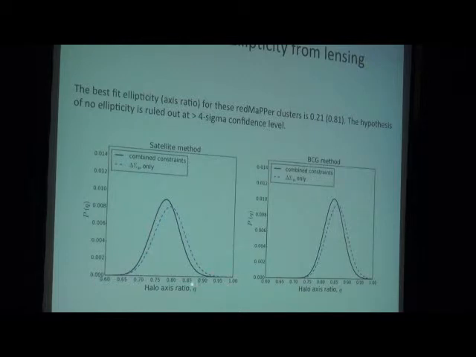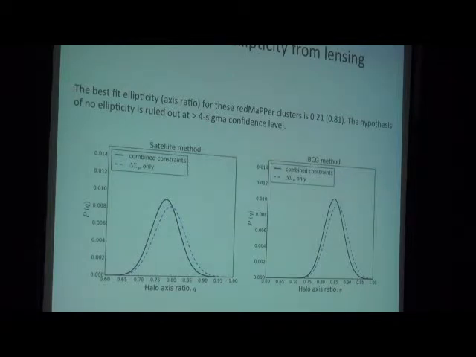That's the dashed curve, whereas the black line is a more aggressive way to do it, which involves modeling systematic errors. So anyway, from the measurement point of view, we think this is a big advance. And so we can estimate the axis ratio of projected galaxy clusters.